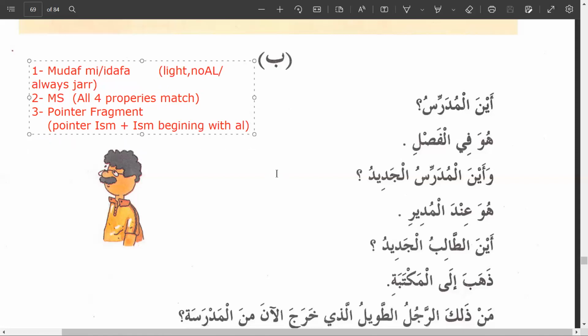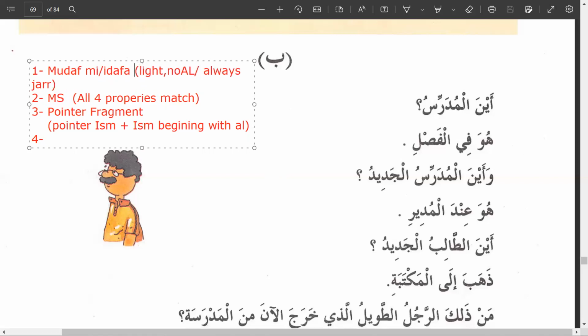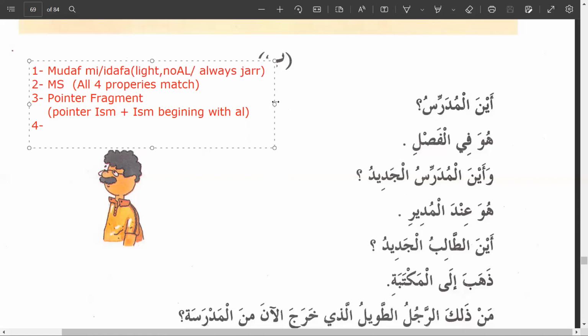Now, another fragment that you learned. We already did three, and then was there any more?